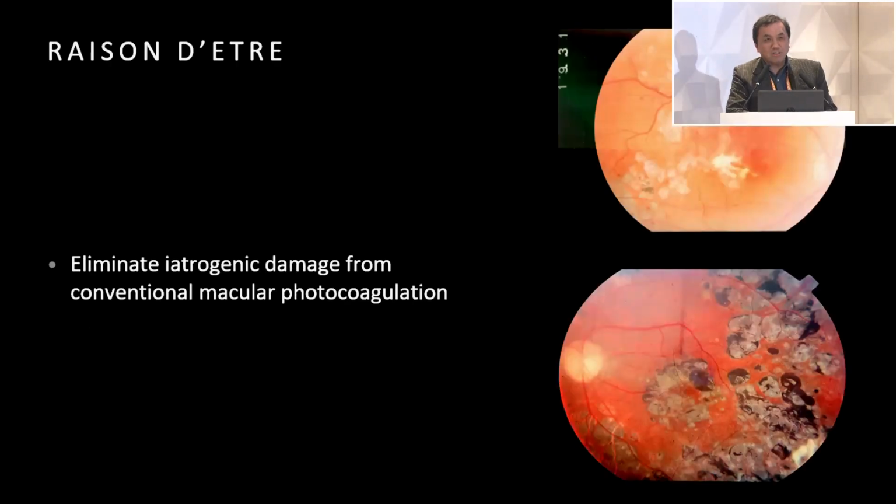So this is the reason why the micropulse or subthreshold laser was developed, to try to eliminate this iatrogenic damage from conventional macular photocoagulation. So you can see here, this patient was treated with actual parameters from the ETDRS. But years later, many years later, the patient has no macular edema, but technically he's kind of blind, because you can see that with time the scars sort of expand.